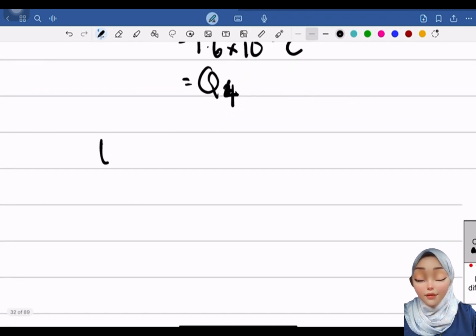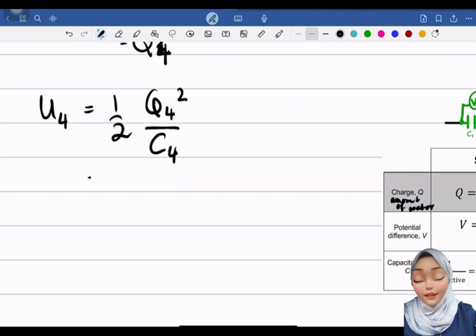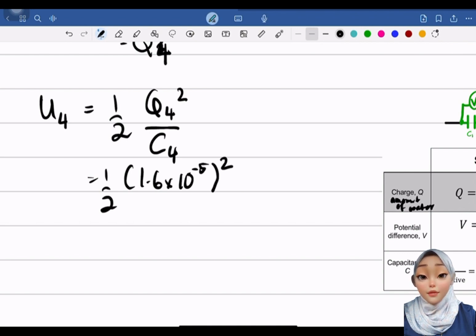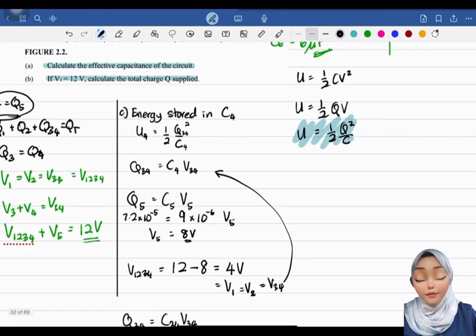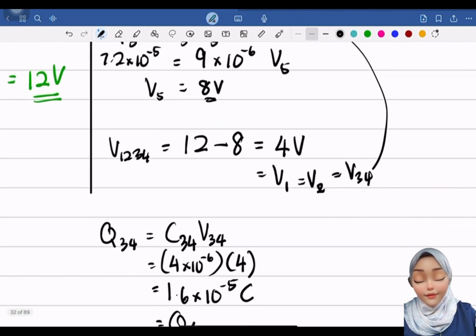Iaitu U4 sama dengan half Q4 squared over C4. So, 1/2 kali 1.6 kali 10 kuasa negatif 5. Jangan lupa kuasa 2. Per dengan C4 kita iaitu 6 microfarad.